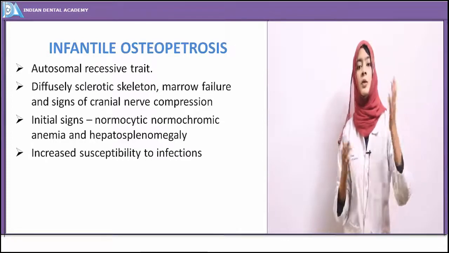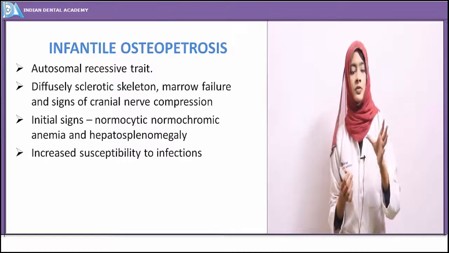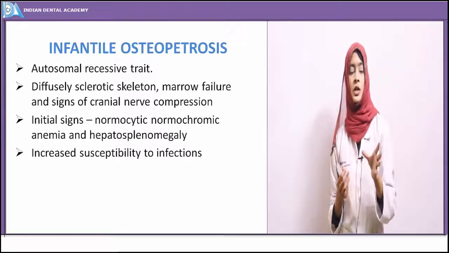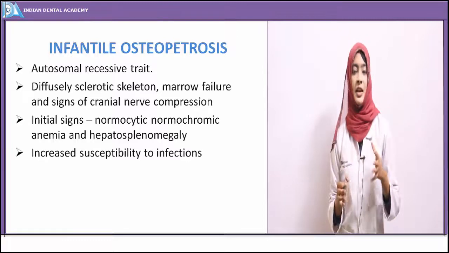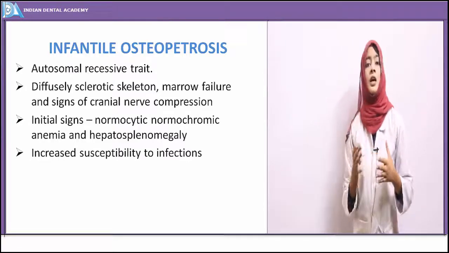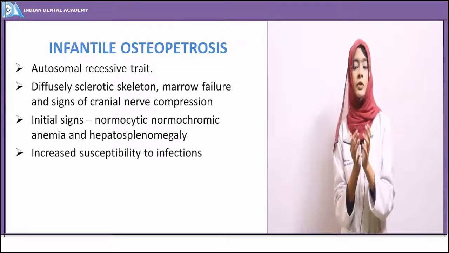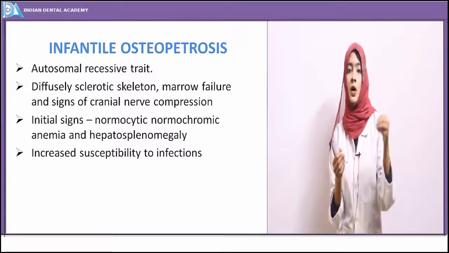What happens is, because of increased bone deposition, you can see a lot of bone deposition in the whole skeleton, and the cranial nerve foramina have to expand to accommodate all the nerves.